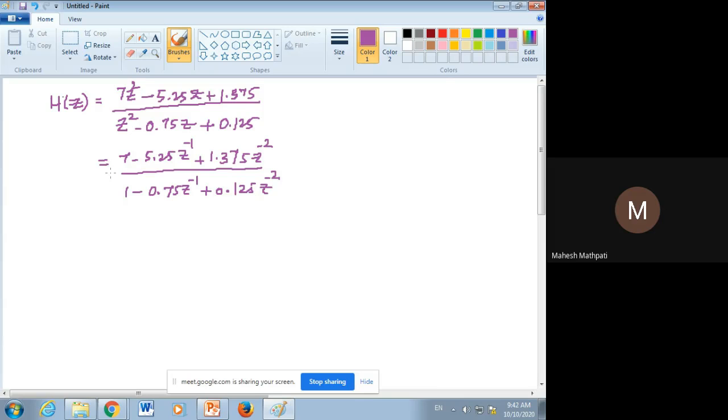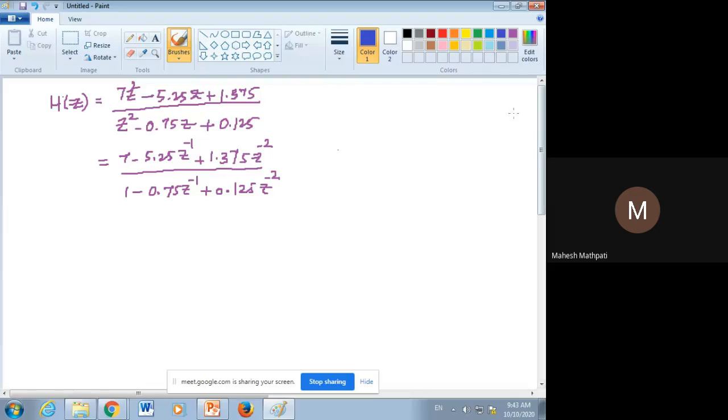So we got this. Now how many delays do you require for this? Total number of delays required. Number of delays required are how much? In direct form 2 we are drawing this.